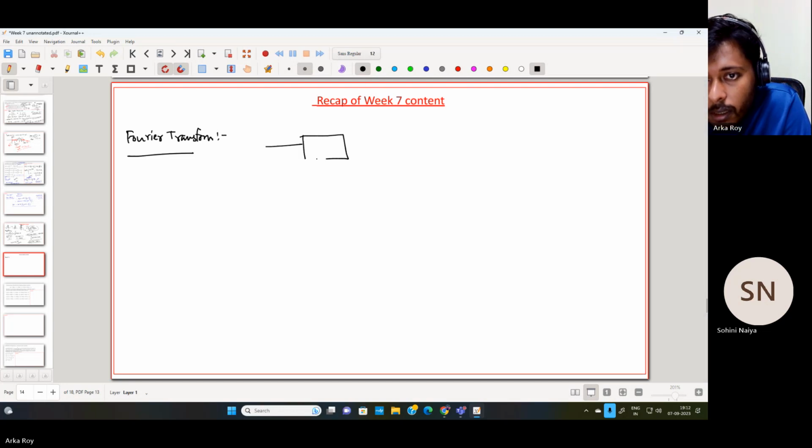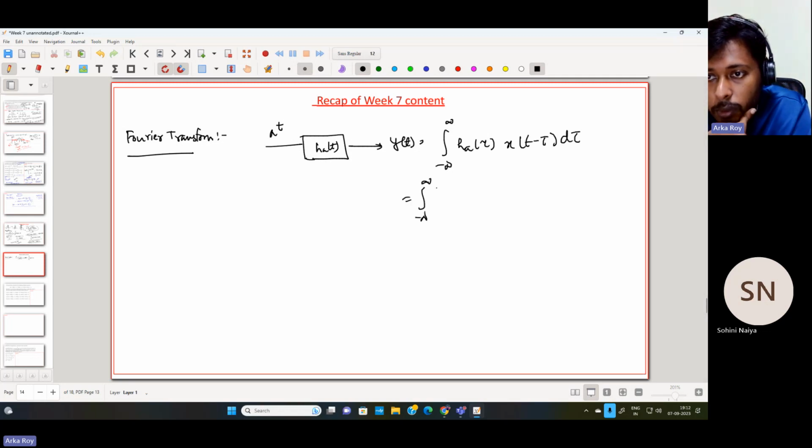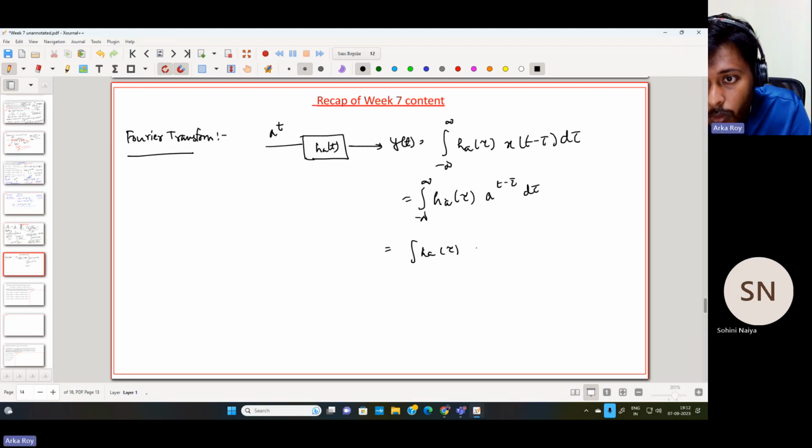Here also, if I take a system with impulse response ha t, and the input is a to the power t, then y t I can write as the integral from minus infinity to infinity of ha tau x of t minus tau d tau. This gives the integral of ha tau a to the power t minus tau d tau, which is ha tau multiplied with a to the power minus tau d tau, and a to the power t I can take out of this integration.